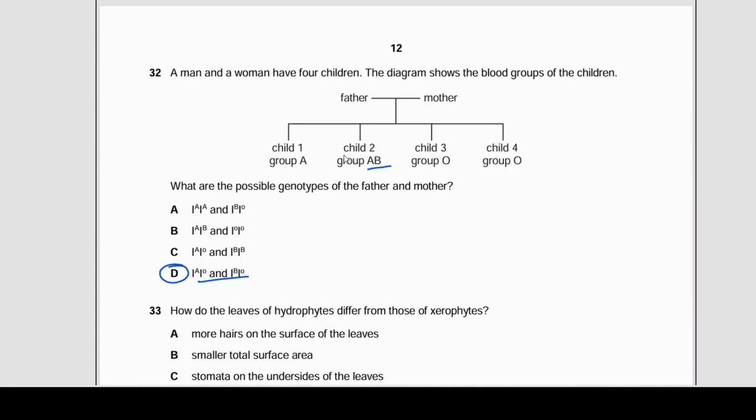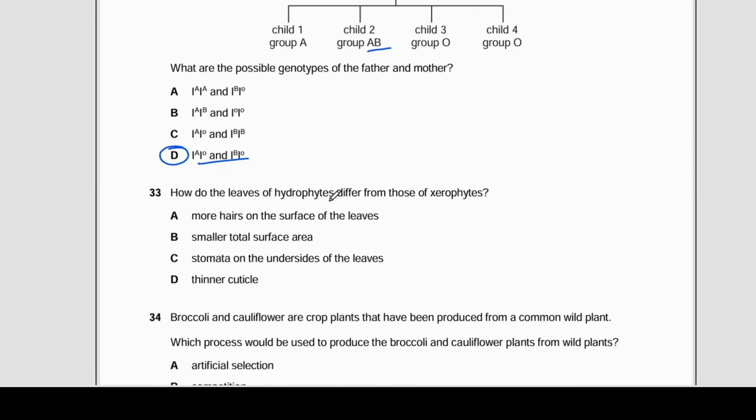How do the leaves of hydrophytes differ from those of xerophytes? Water plants have more air spaces, bigger leaf surface area, stomata on the upper surface.